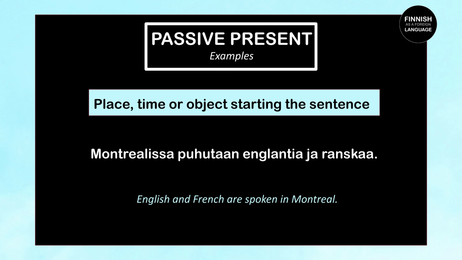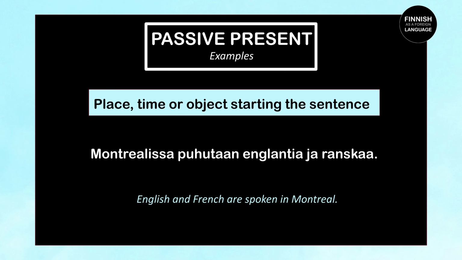Montrealissa puhutaan englantia ja ranskaa means English and French are spoken in Montreal. Or in Montreal, one speaks English and French. So what happened in this sentence? This sentence starts with a place. Here it is Montrealissa, which means in Montreal. It's the inessive case.